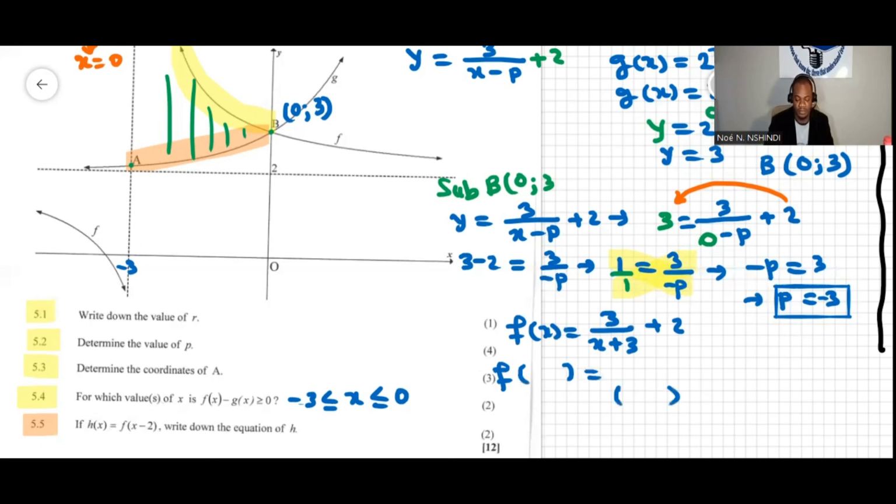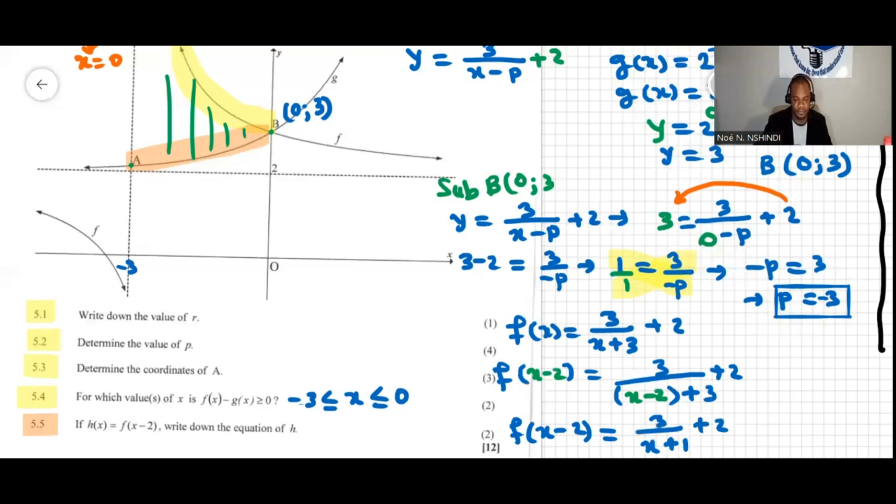We are going to substitute x minus 2. Then this will become f of x minus 2 equal to 3 over x minus 2 plus 3, which is just x plus 1, and then plus 2.